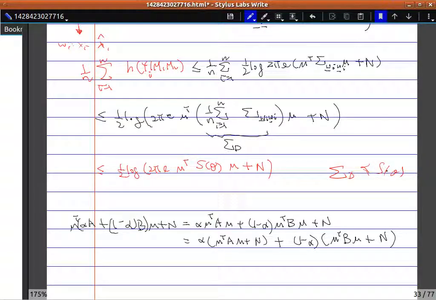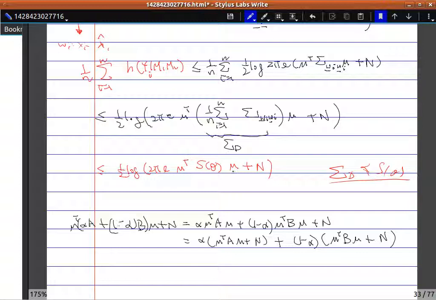Again, these are matrices, so writing it this way really means that s theta minus sigma d is positive semi-definite. So let's see. Yes, we have that.